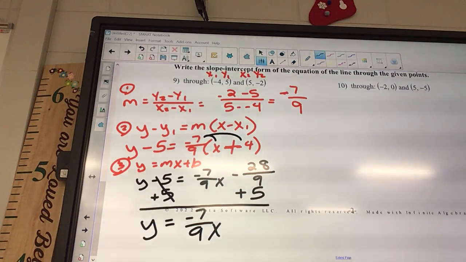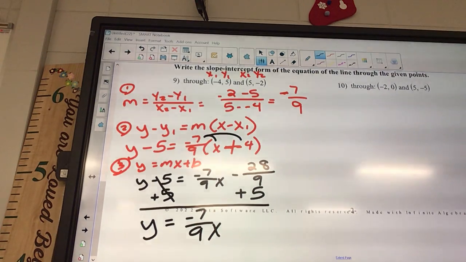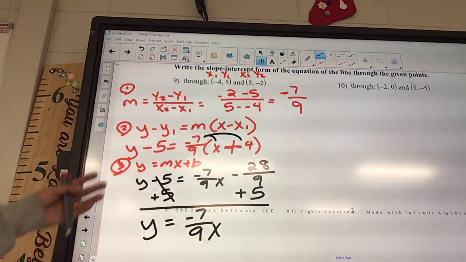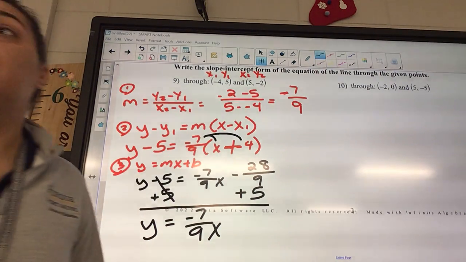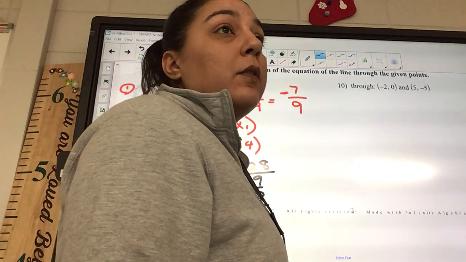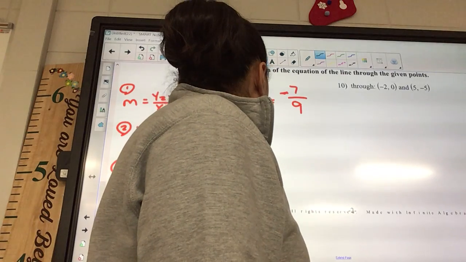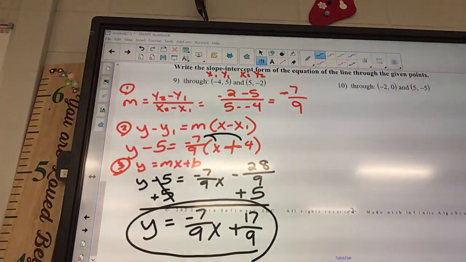Same thing, you're going to have to do that on your calculator because it's fractions. 17 over 9. Somebody agree? Is it positive or negative? Positive. Good. So there's a lot of steps there.